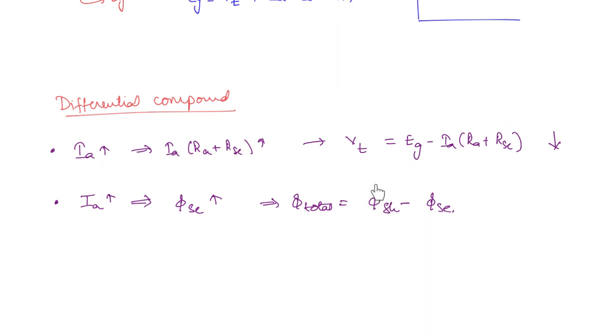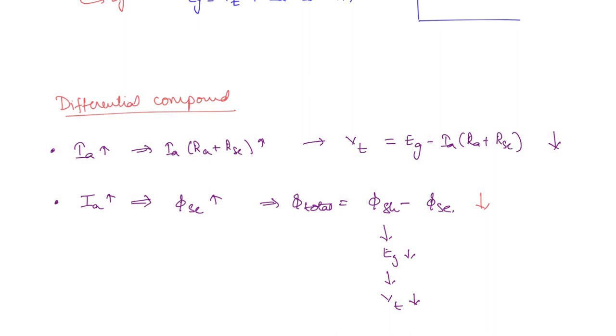Usually the shunt field is going to be more powerful, more strong. Okay. So that's why shunt minus series will be the total flux. So if phi se is increasing, then the total flux, what is going to happen? It is decreasing. And if this is happening, then Eg is reducing and consequently Vt will also reduce. Okay. So it is the same effect.